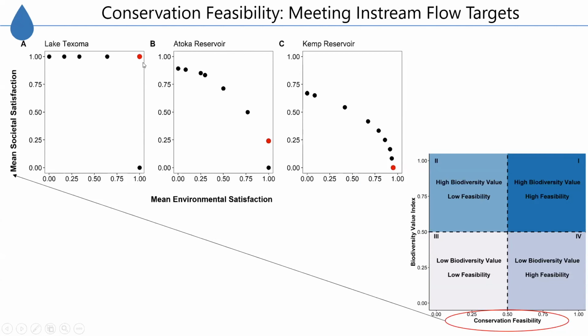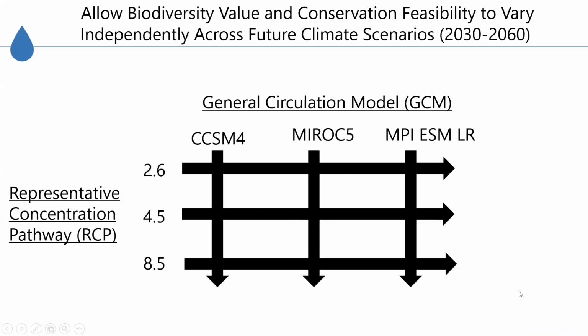For example, at Lake Texoma, we can fully satisfy both of those water needs. At Atoka Reservoir, if we fully allocate for environmental flows, we can only satisfy about 25% of the societal water needs. And at Kemp Reservoir, if we fully allocate environmental flows, we're going to make a lot of people angry, basically. So that's where the x-axis of this planning model comes from.